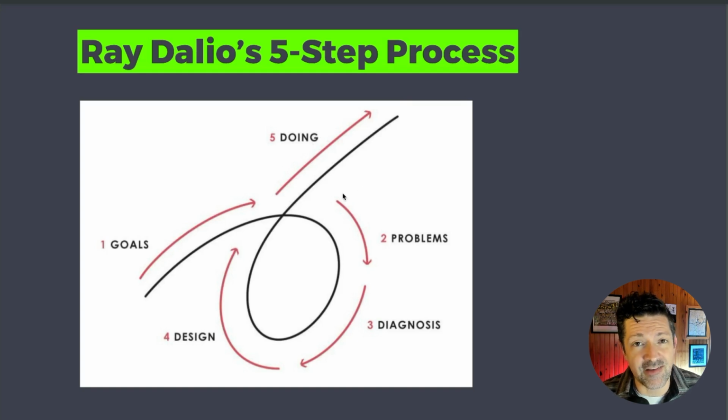One of the genius aspects of this is that he really stresses you want to compartmentalize each one of these steps and focus on goal clarity alone before you move into problem solving, before you move into diagnosing the problem, designing your plan, and doing. I think this is a big issue that I stumbled with all the time when I would just have a rough idea of what I wanted to get done.